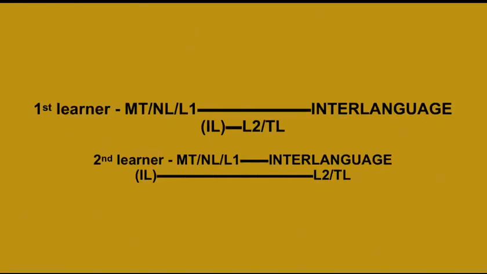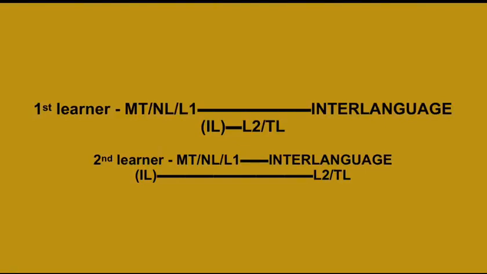Now, moving over to these two figures, why we are saying that an individual's interlanguage is unique can be explained by looking at these two figures. Now, look at the first learner. We have the first learner and we have this figure, MT, NL, L1, and we can see the gap between the interlanguage and the L2.